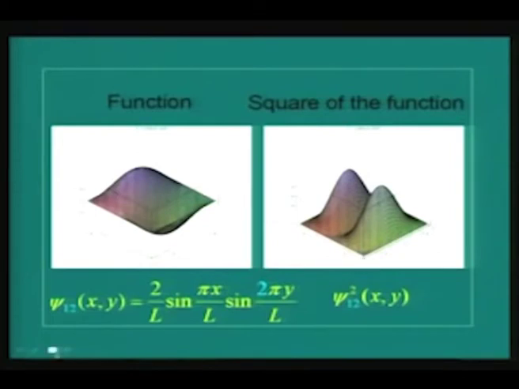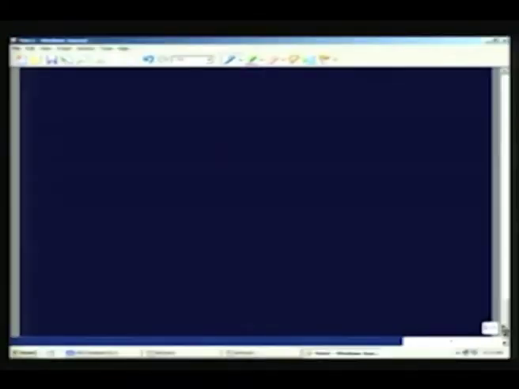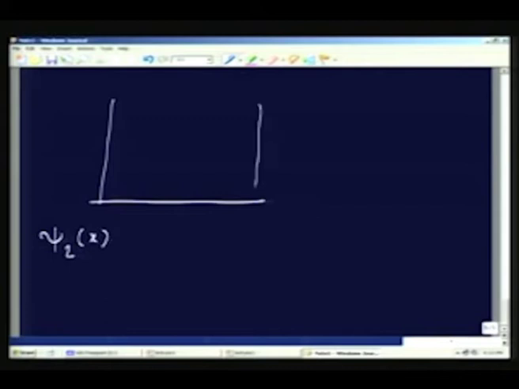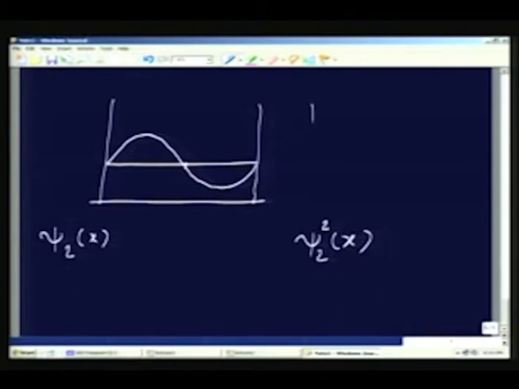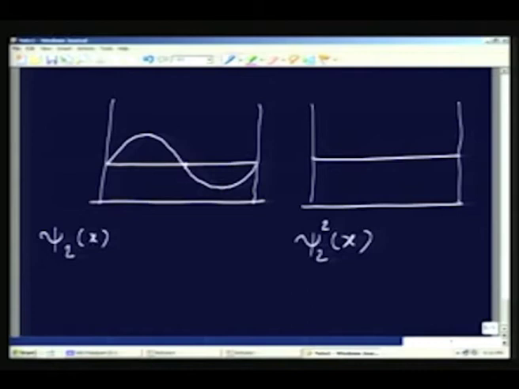You recall the one dimensional plot for psi 2 of x. You remember that it is a sine wave, and this is the node. And for psi 2 x square, if you remember, the probability was that there is no negative part to it, and in the middle you have something like that, you have something like that.